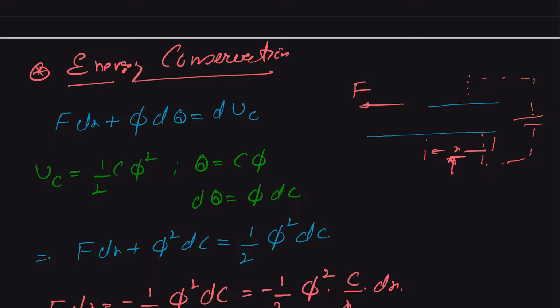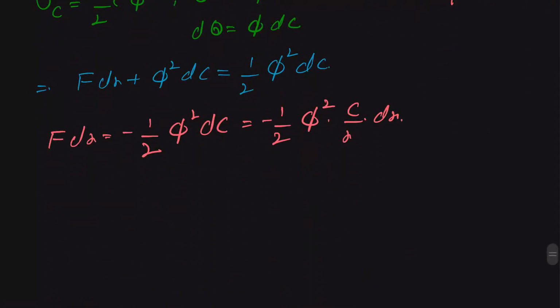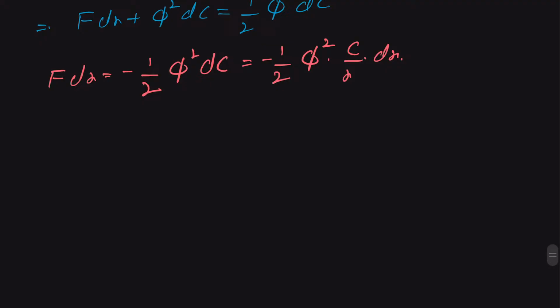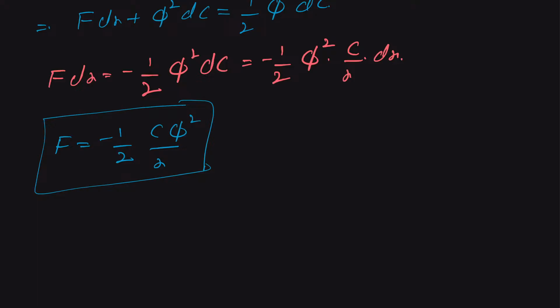Okay, so I can say that my force F is equal to minus 1 by 2 C phi square upon x. So we got the formula for our force.